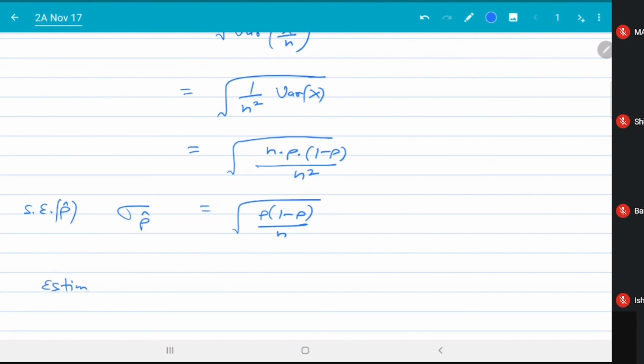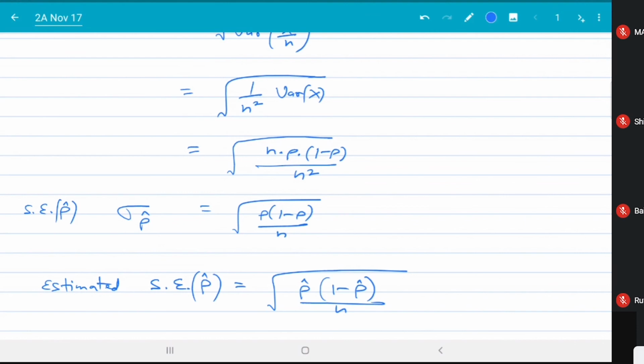We would have the estimated standard error of P bar if we replace P with its estimator. Okay, that's all I have for you today.